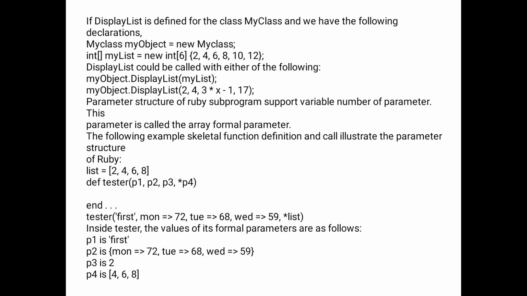Parameter structure of Ruby subprograms: Ruby supports a variable number of parameters. This parameter is called the array formal parameter. The following example skeletal function definition and call illustrate the formal structure of Ruby. List equal to 2, 4, 6, 8.